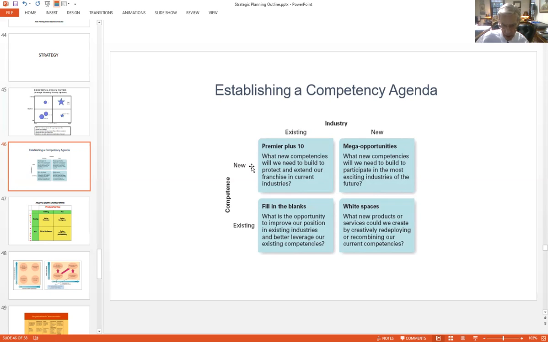And so developing new competences for an existing industry, these authors called Premier Plus 10. And it took Toyota, God, it took Toyota fully 10 years to develop the capabilities to produce what became the Prius, which was a very successful hybrid car.